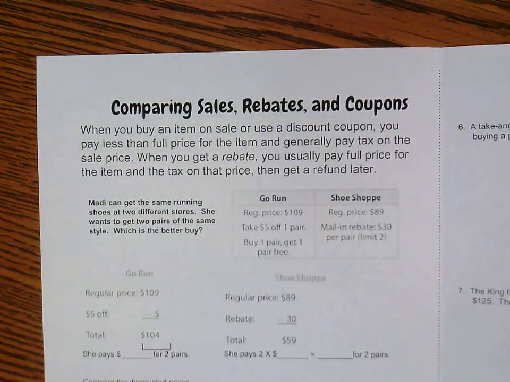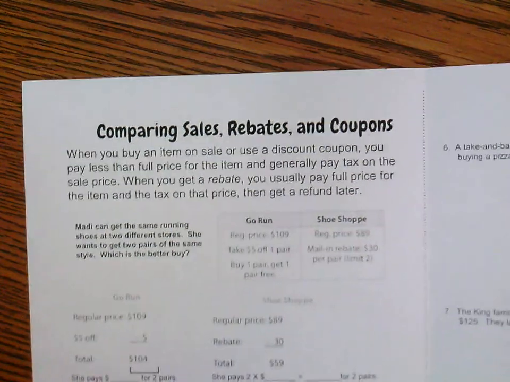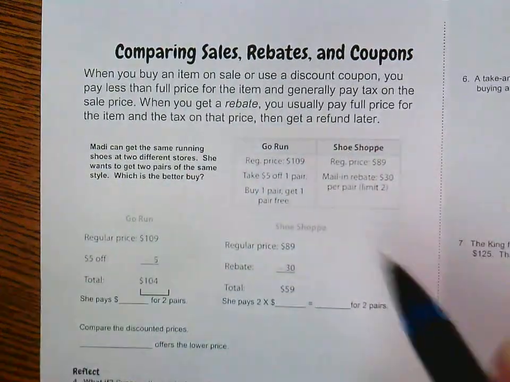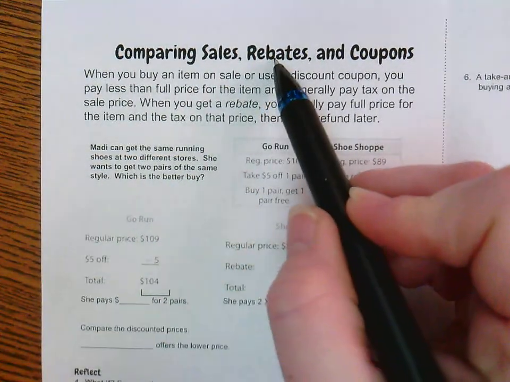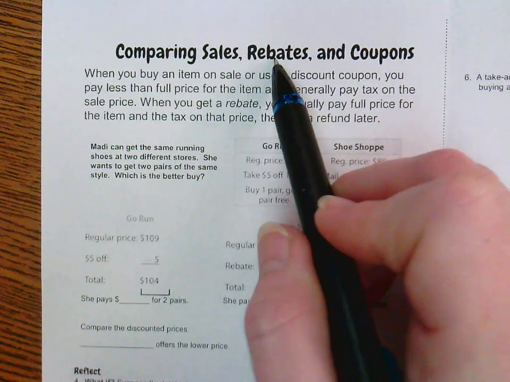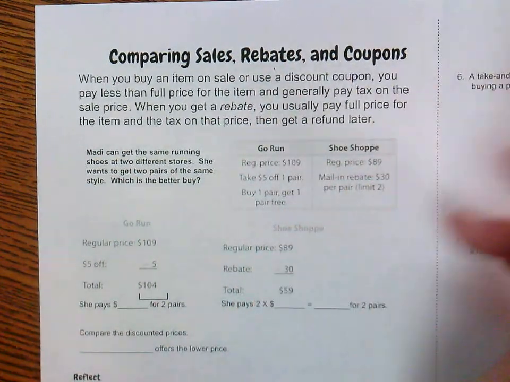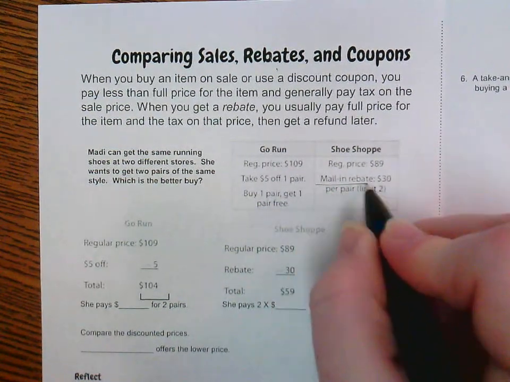So some different monetary incentives you might see. You're familiar with sales and coupons, but one that you don't really hear about a lot anymore is rebates. That's like when you get to the register and they say you get $2 cash back, or an instant $2 rebate. Back in the day, we used to have mail-in rebates.